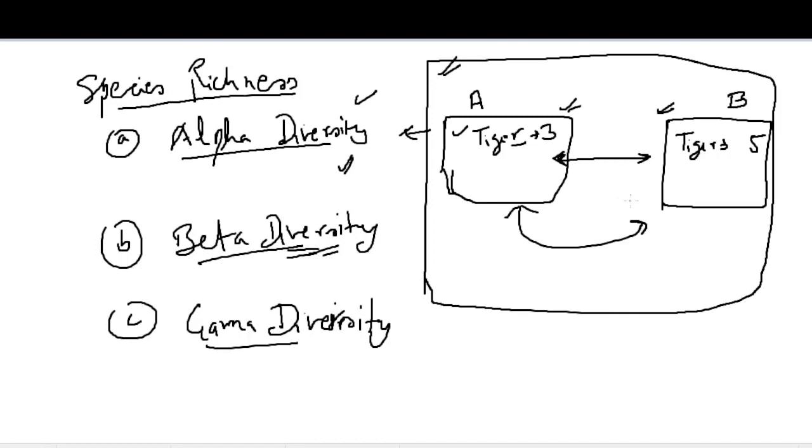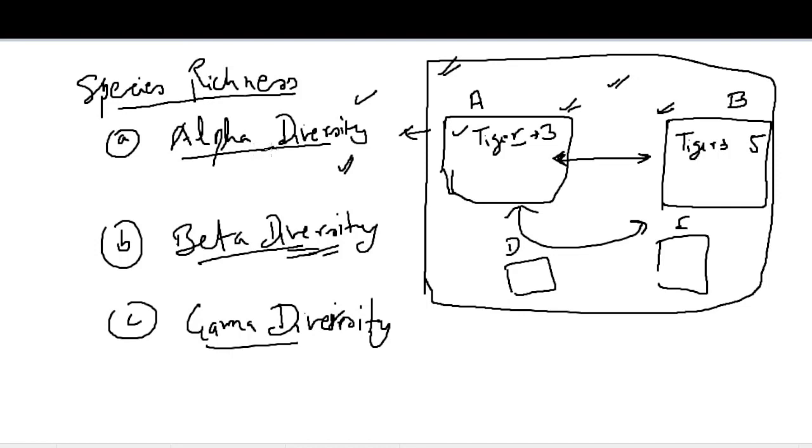Like this one is A, B, C, D, and there may be many types of ecosystems in this area. So this whole area is taken into consideration, and then species diversity is compared on this level within a region. So this is called gamma diversity.